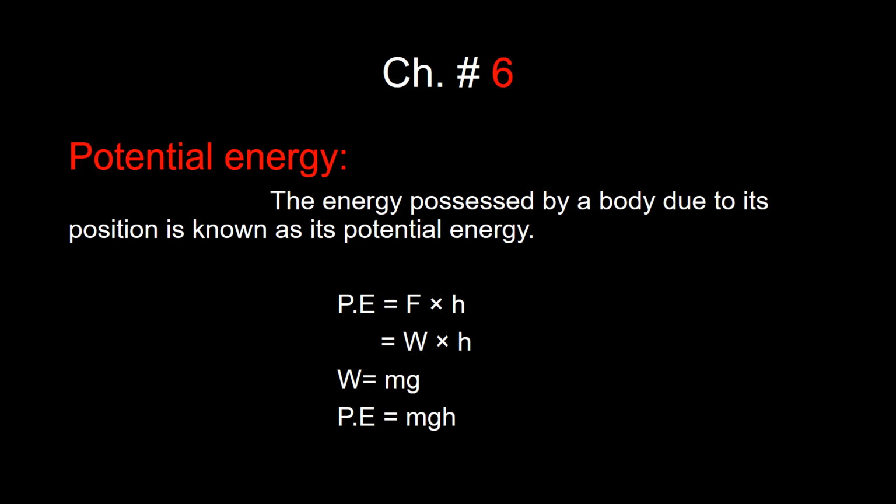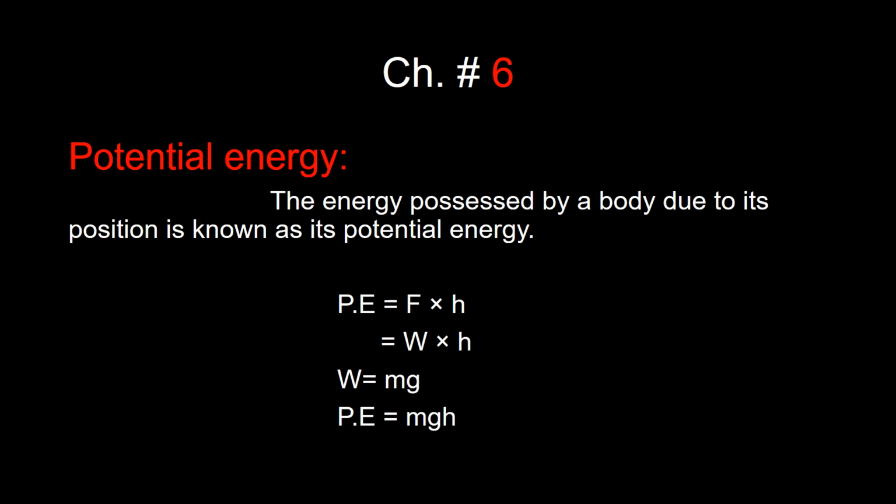The body will acquire potential energy equal to the work done in lifting it to height h. We have done the work to lift that object, and the force we have applied on the body is equal to the weight of the body. If we want to lift a body upward, we have to use force, and this force at least must be equal to the weight of the body.